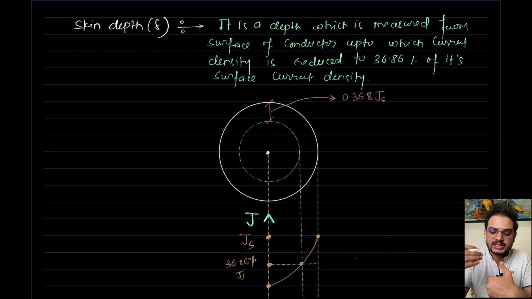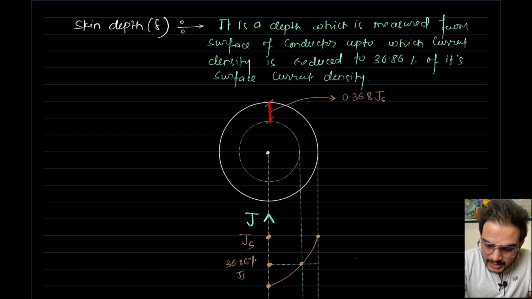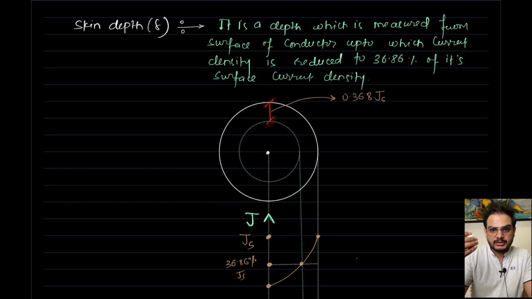The moment the current density becomes 36.86 percent of my surface current density, this point we will take as the depth. The length from the surface to that point is called as the skin depth. This skin depth is represented by the symbol delta.